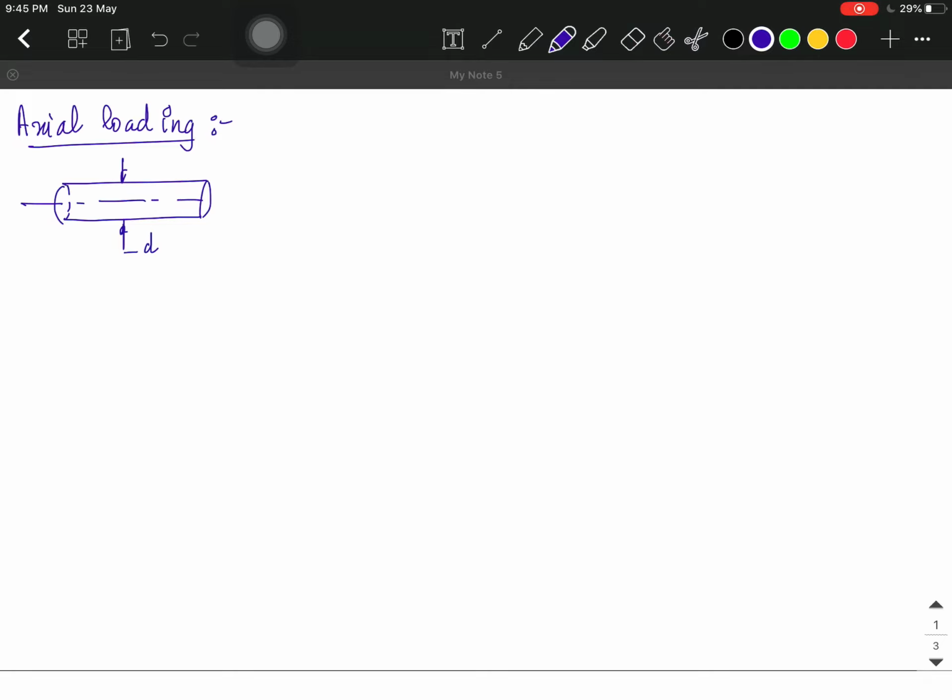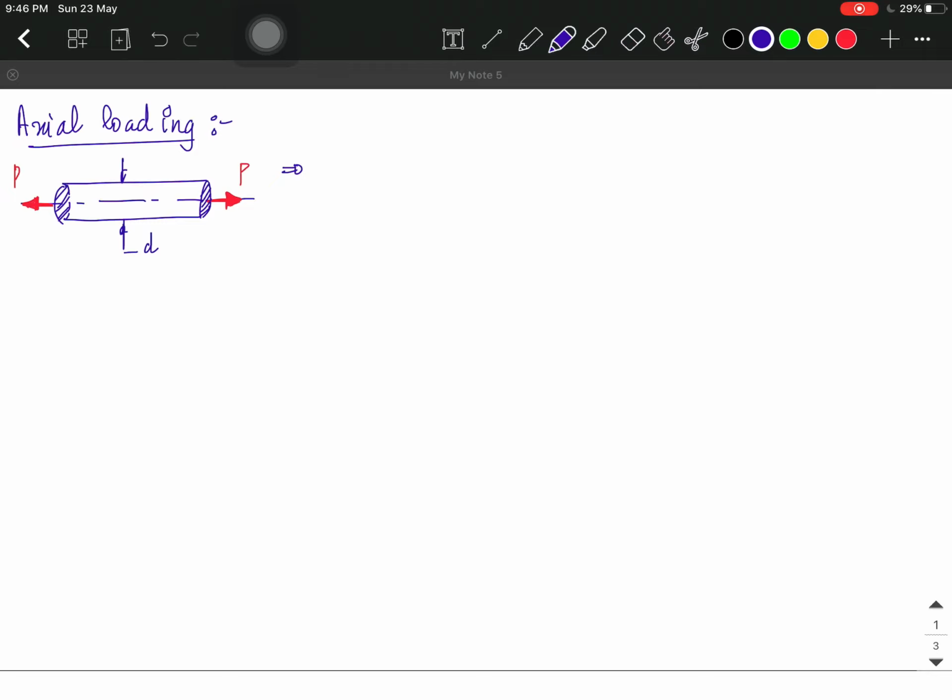Let this be the center line of this particular shaft, and if the load P that we are applying is applied on this member normal to the cross sectional area, then that type of loading is called axial loading.